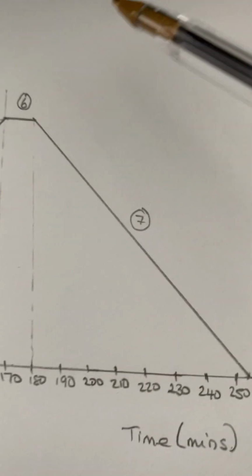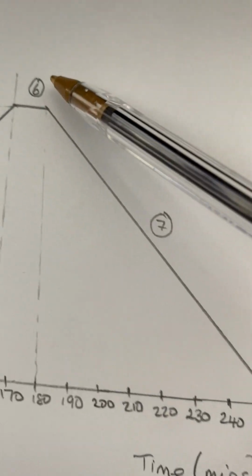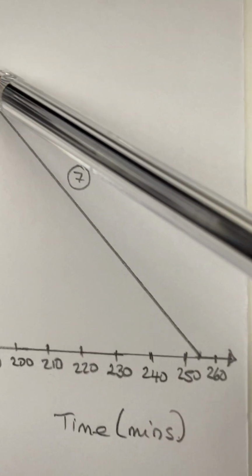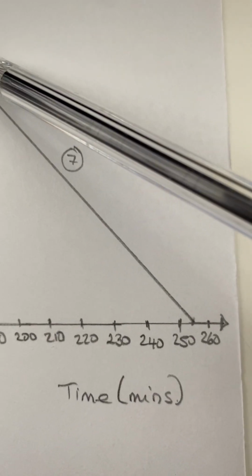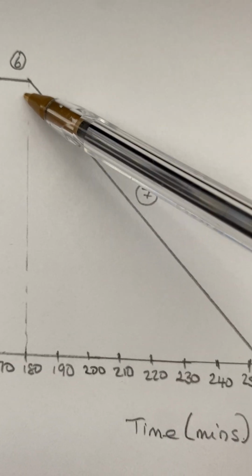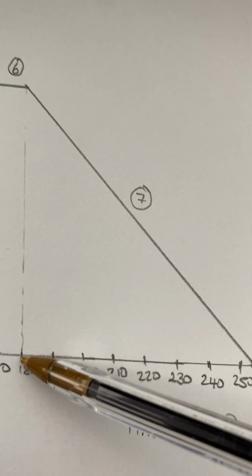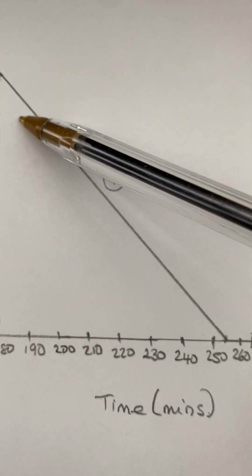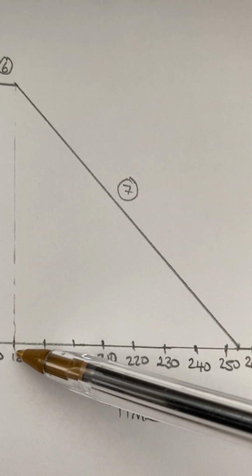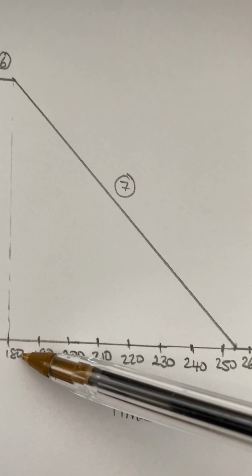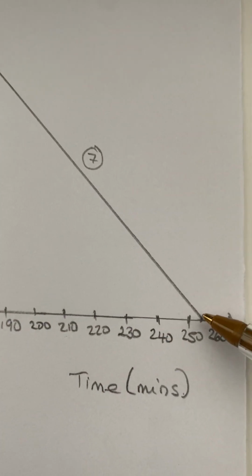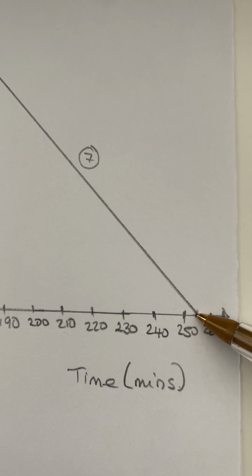So now, here you are. From Jason's school, we ended here. We add 75 minutes to 180 minutes, and it takes us to 255.